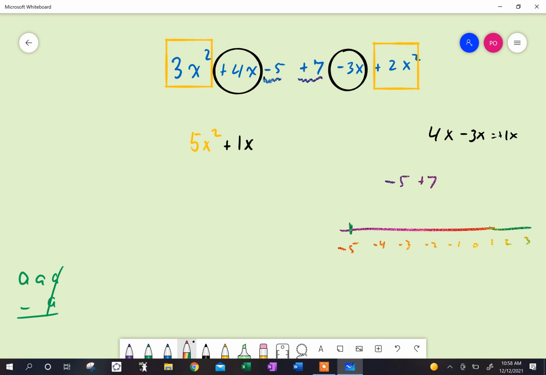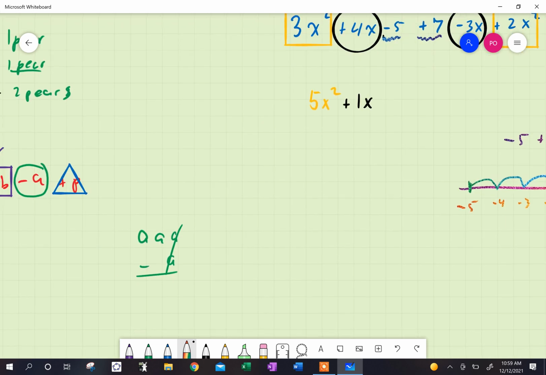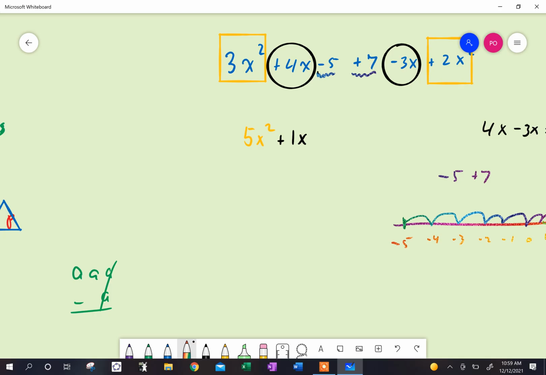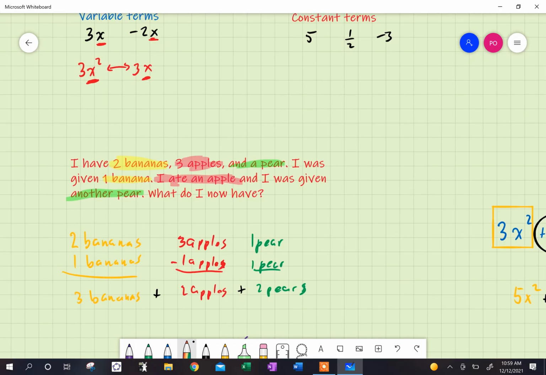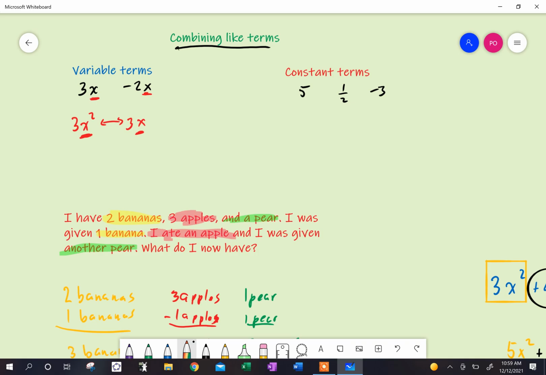Start at -5 on your number line and go forward 7. 1, 2, 3, 4, 5, 6, 7. And I'm at +2. So a -5 and a +7 gives me a +2. And that is your answer. You are literally just adding up the terms that are exactly the same. And that's it. That is combining like terms in a nutshell.